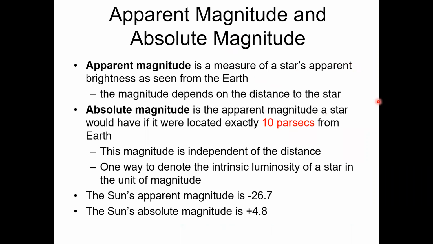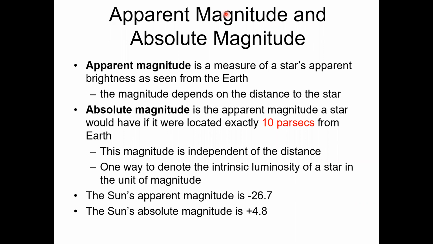So now we are getting a bit serious from here. Apparent magnitude and absolute magnitude. This becomes a bit more scientific now, but I'm sure you will like it. Now we know what magnitude is. Magnitude is actually the brightness, in a different scale, and not a scientific scale.